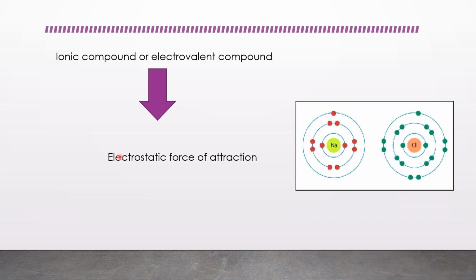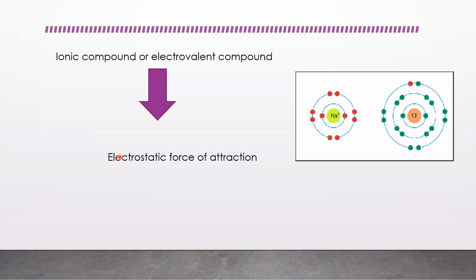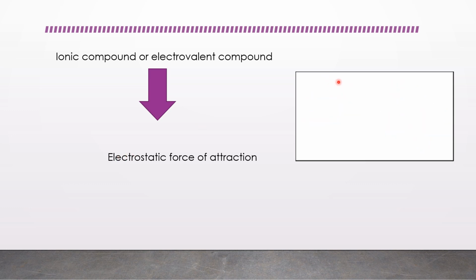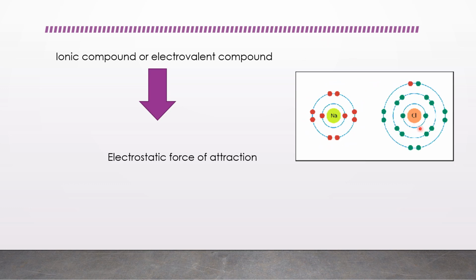Let's see the example for ionic bond or ionic compound. NaCl is the best example. As we all know, sodium has an electronic configuration of 2, 8, 1. One electron is in the outermost shell, and chlorine is 2, 8, 7.